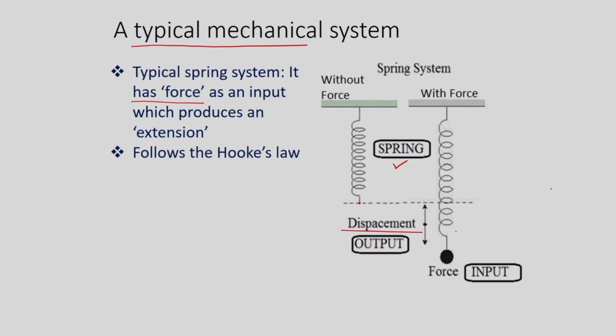The spring follows Hooke's law. Hooke's law is a principle of physics which states that the force needed to extend or compress a spring by some distance is proportional to that distance itself. This law was given by a British physicist in the 17th century.